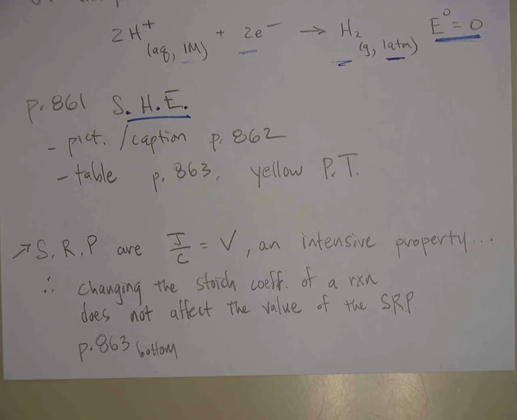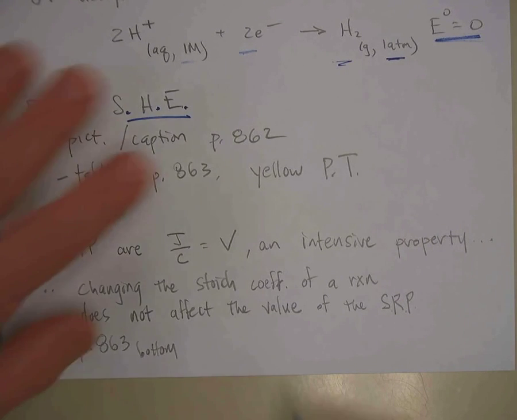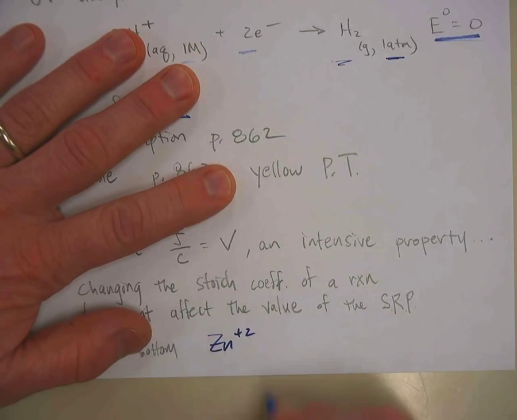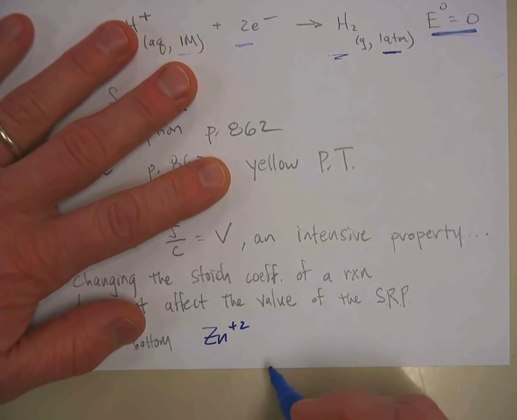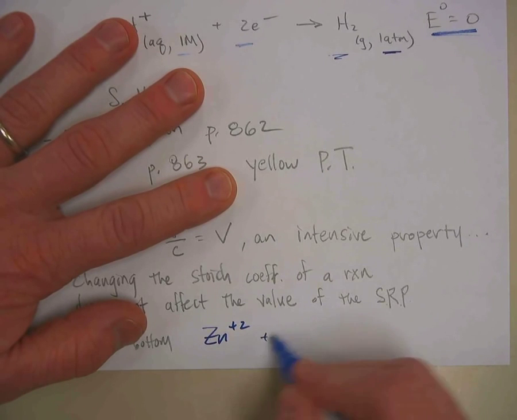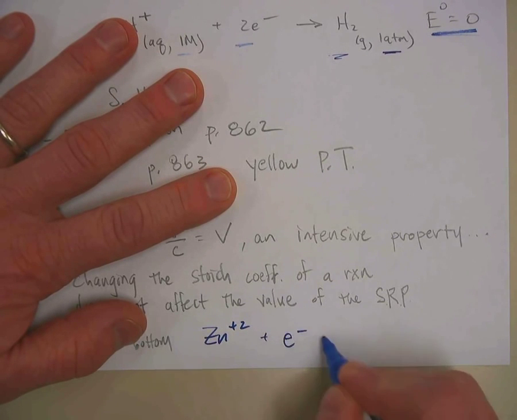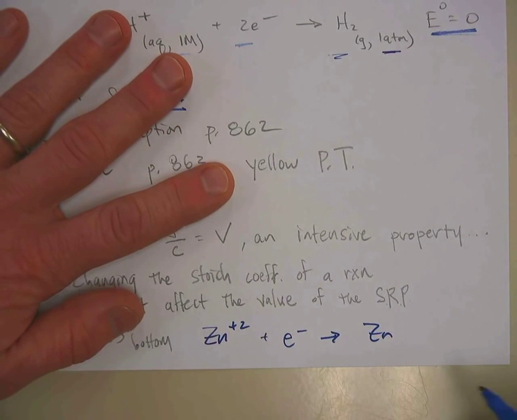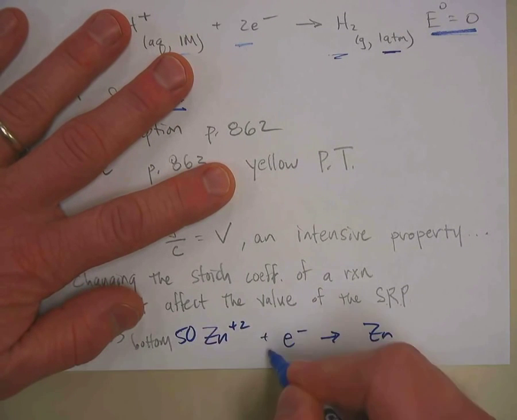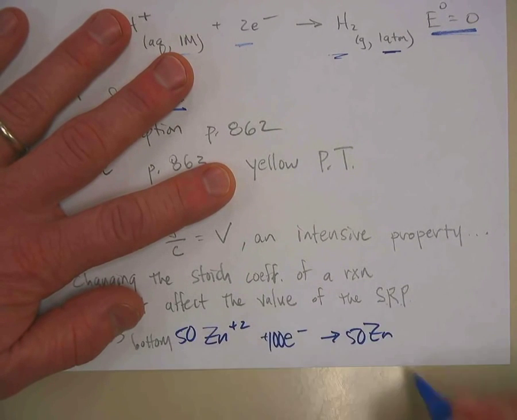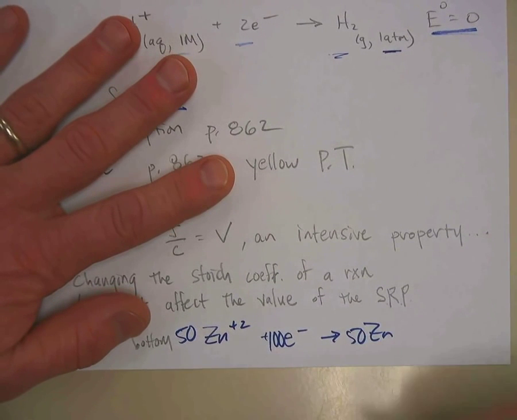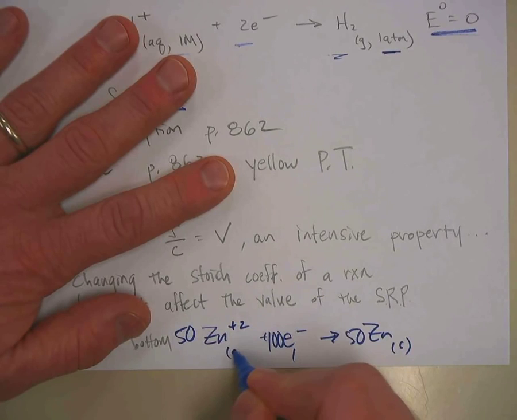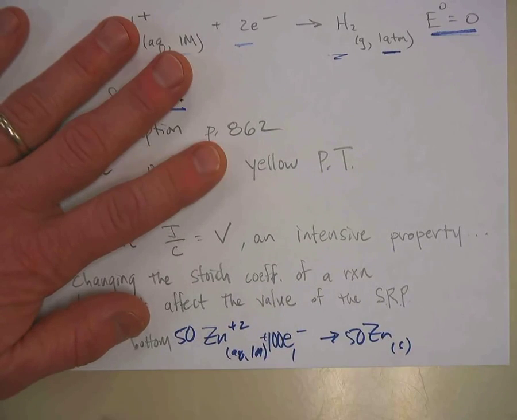If you look on the bottom of page 863 of the 10th edition, they actually have the zinc half reaction, Zn2+, the one we're asking some questions about here, aqueous, 1 molar, plus some electrons goes to Zn solid. The way they balanced it was they put 50 zincs, 100 electrons, and 50 Zn solid over here. This is solid, these are electrons, and this is aqueous 1 molar solution. So it's standard.